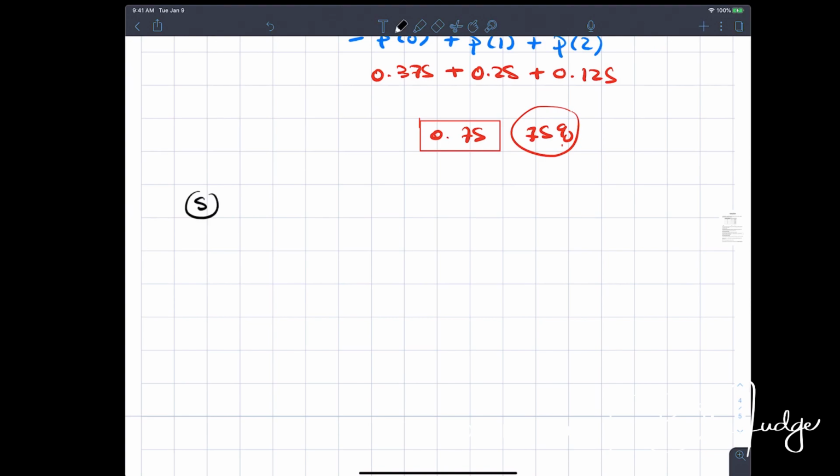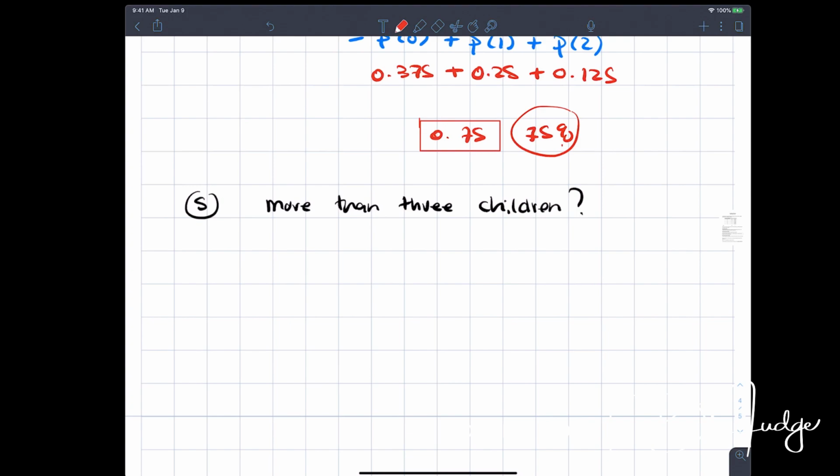I'm going to say, how about this? Have more than 3 children. More than 3. Let's see. Do you guys know the meaning of more than 3? Right?